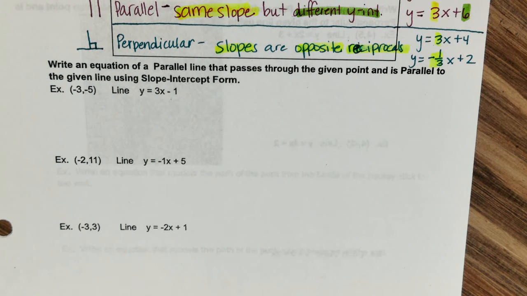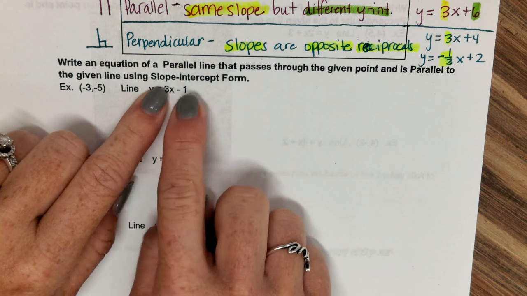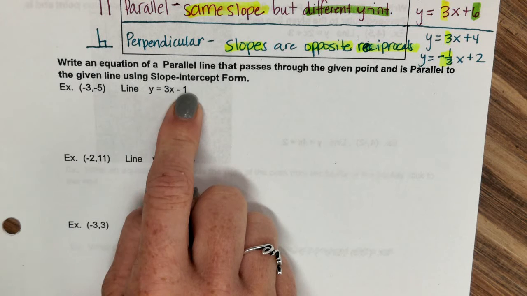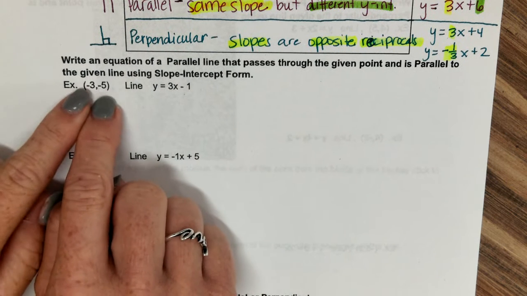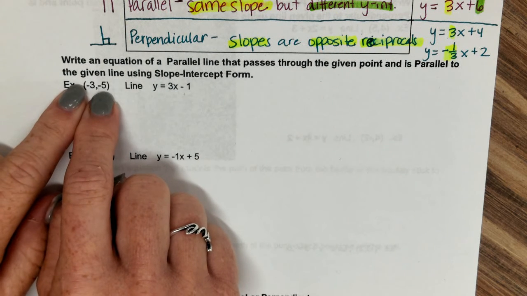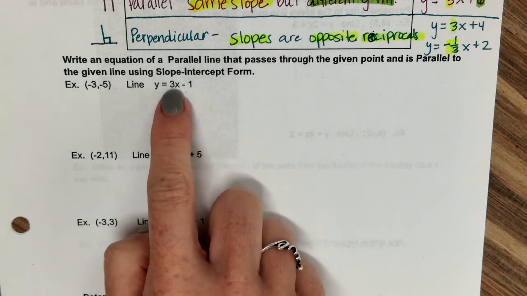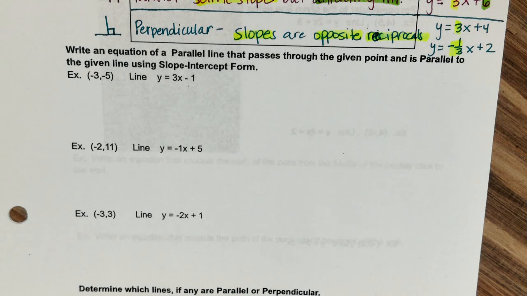I'm going to say it again. If I graphed this equation, it's a straight line. It's going to pass through -1 on the y-axis. It's going to have a rise over run of 3 over 1. Are y'all with me? And I wanted to graph a parallel line to this, but the line that I'm going to graph is going to pass through this point. Are y'all good? It wants me to write an equation of that line that's parallel to this, but passes through this point. Okay? So to do this, you already know the slope.